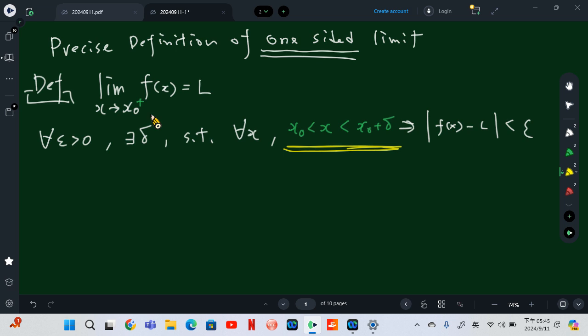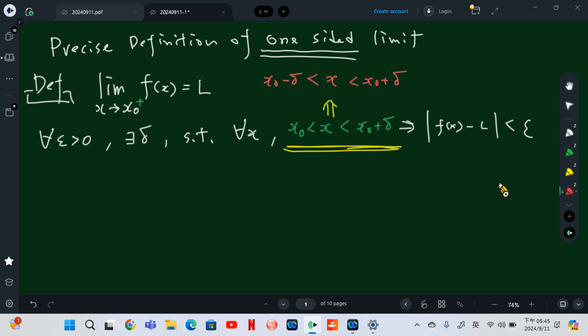This is for the one-sided limit, right? So you can see, compared to the two-sided, the range will be x from x0 minus delta to x0 plus delta.